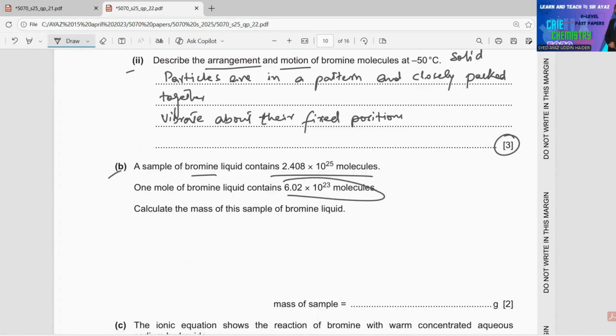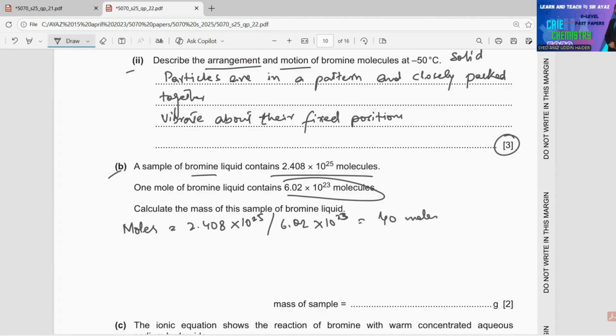So you simply have to divide the molecules by the Avogadro number in order to get the moles. So for moles, I'm going to divide 2.408 multiplied by 10 to the power 25 by 6.02 into 10 to the power 23.